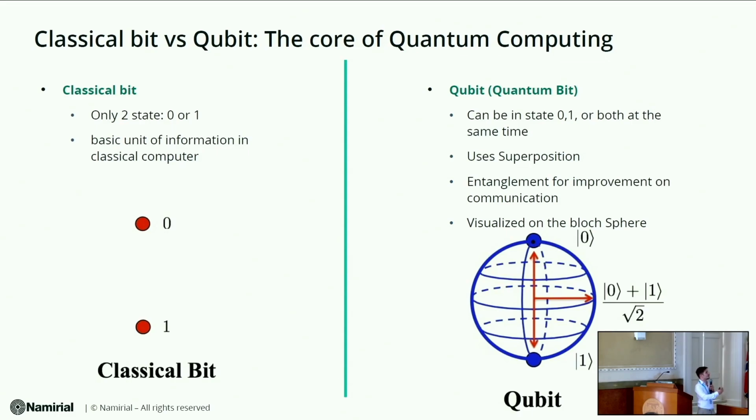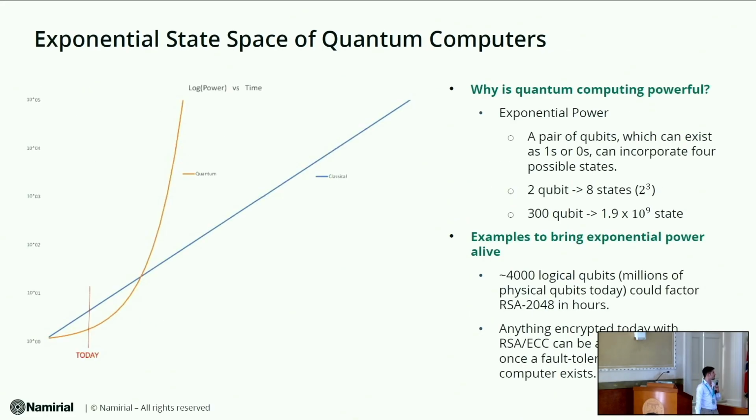In the case of quantum computers, we have 0, 1, or a combination of those states. In order to elevate our computational power, we also use the properties of quantum mechanics, such as entanglement or the superposition.